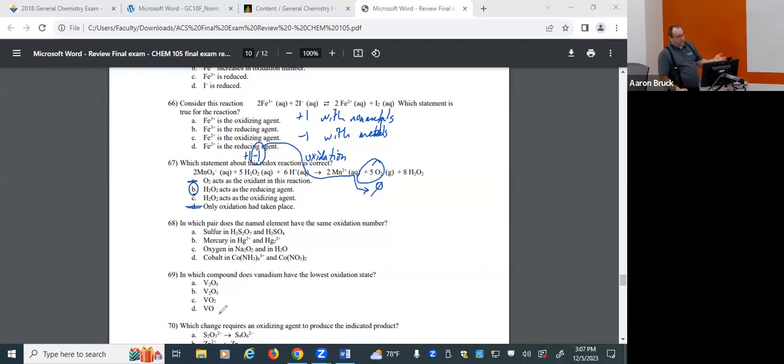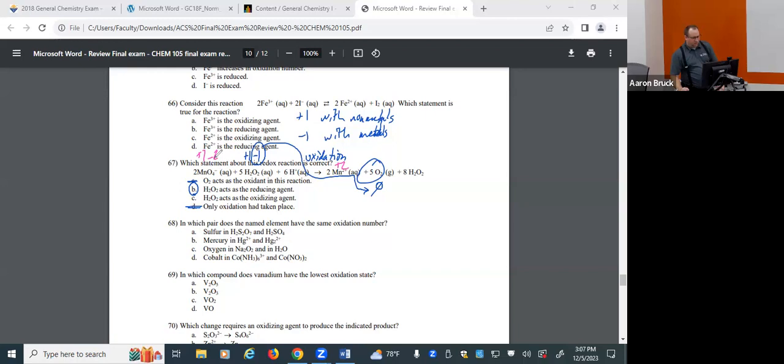Now, if you carry this all the way through, one approach would be to assign oxidation numbers to everything and figure out where the electrons are going. If you did that, you would see that you have a positive 7 on the manganese. That's going to a positive 2 here.